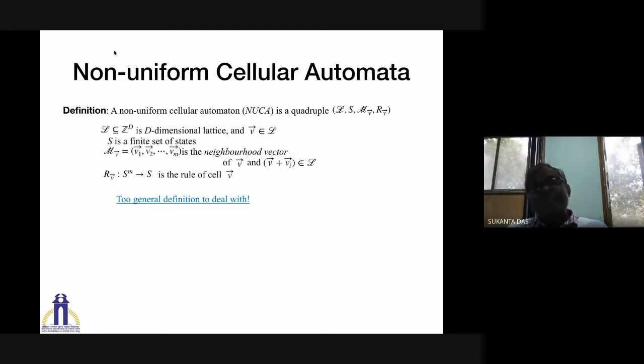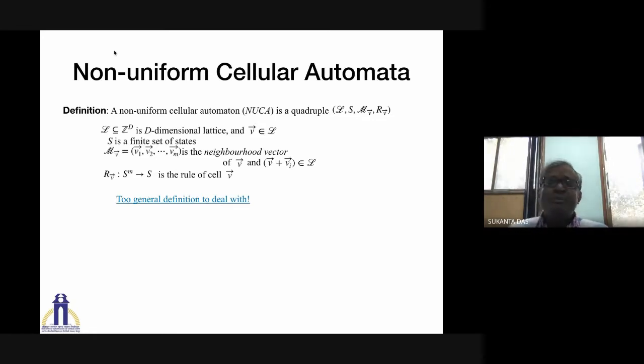If we look at the history, we shall come to this point later, non-uniform cellular automata were developed in the late 80s, and at that time only finite lattices were considered. We get this kind of definition around 2008-09.